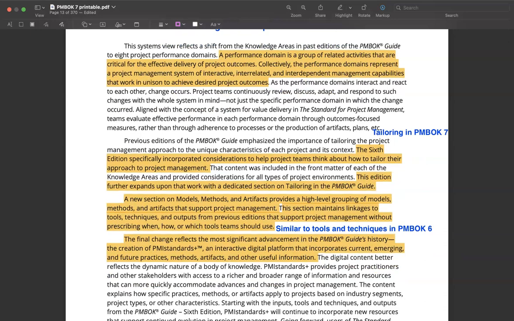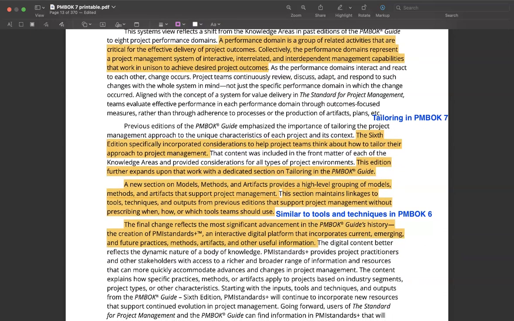Next, they have a section on tailoring as well. If you've read the 6th edition, tailoring was generally a section shown right at the beginning of the knowledge area. So when you would get into a knowledge area like scope or cost or quality, they would have a section that said tailoring, with like 2-3 paragraphs.